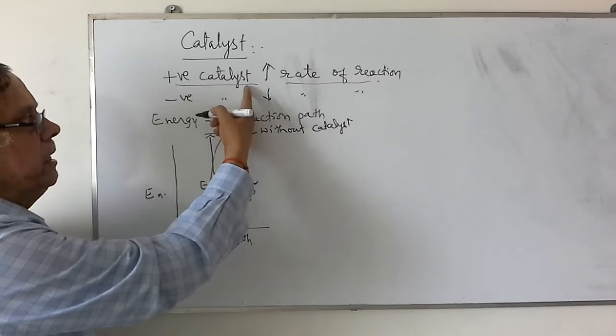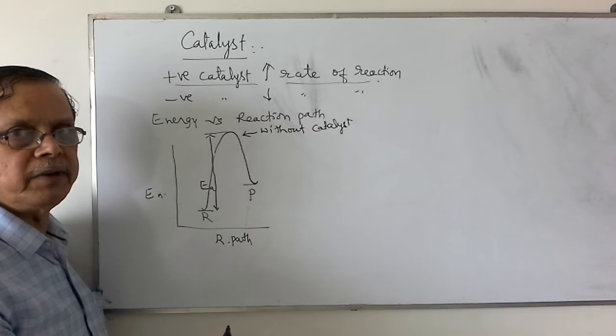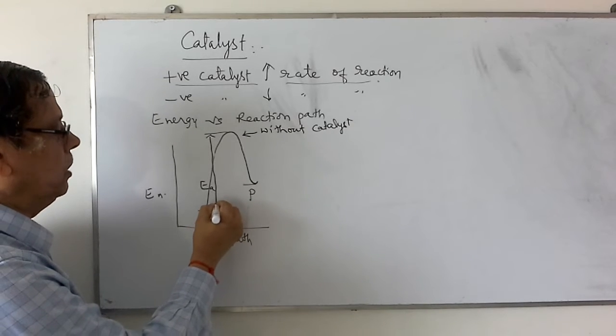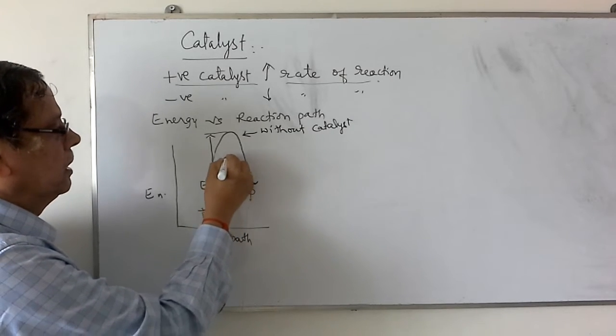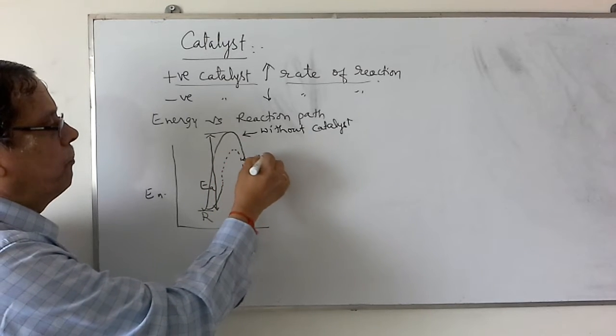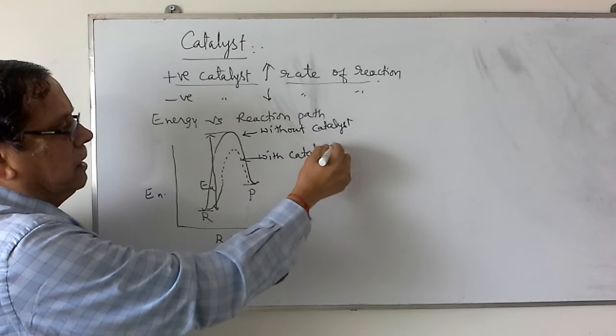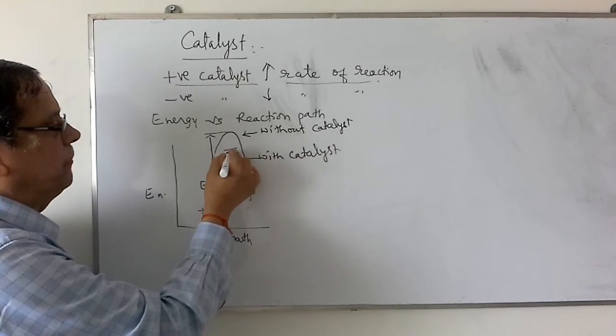But when we add a catalyst, the reaction takes place via a new path in such a way that the reaction proceeds with the lower energy of activation. Let us say this is the dotted curve that indicates with catalyst. Then we can observe that the reaction proceeds with lower energy of activation.